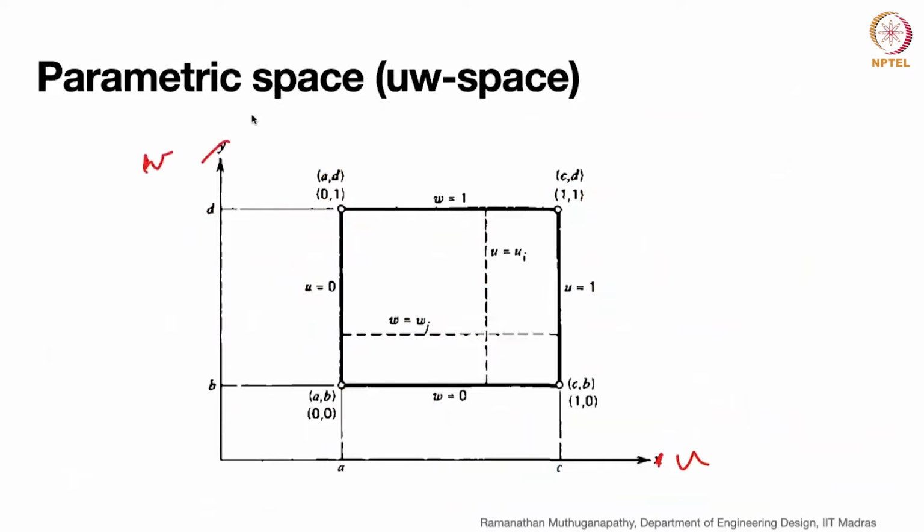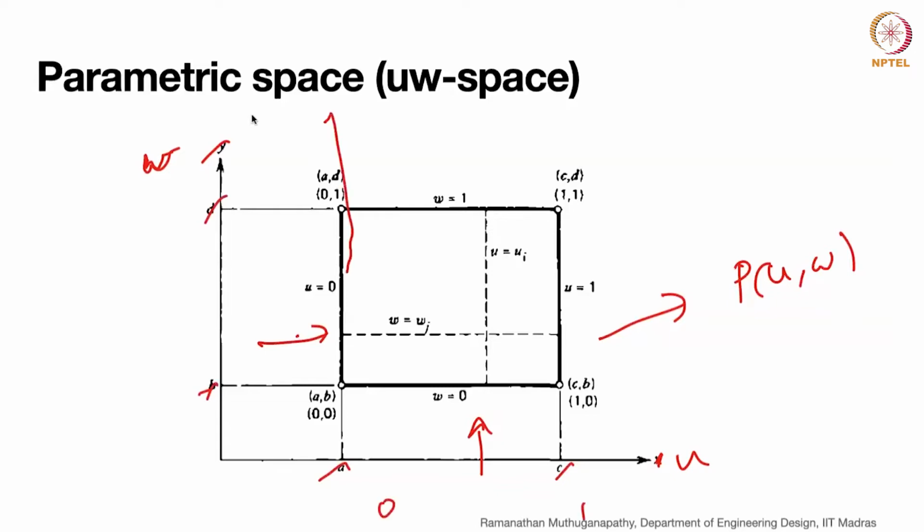There is some clumsiness in the notation, but this is an isoparametric curve, W equals Wj, and this is another isoparametric curve, on the parametric space. So this will get mapped and you generate your P of U comma W. We will go with 0 to 1 on either side. We map this parametric space of range 0 to 1 on either side onto P of U W and we generate different surfaces.